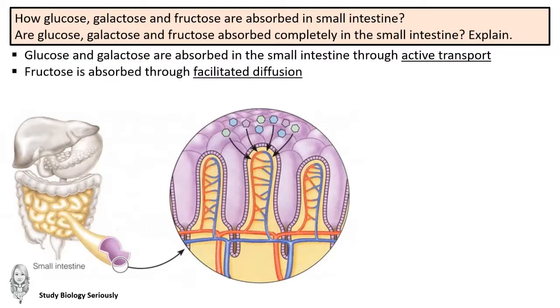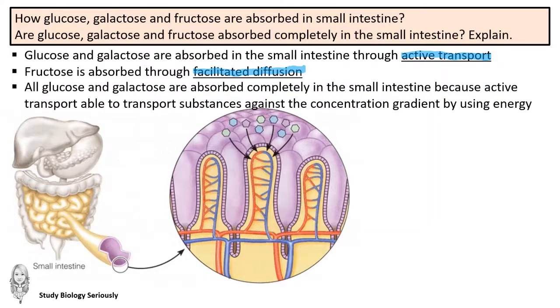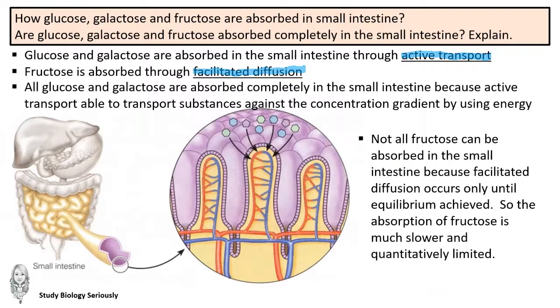Explain. Glucose and galactose are absorbed in small intestine through active transport, and fructose is absorbed through facilitated diffusion. All glucose and galactose are absorbed completely in the small intestine because active transport is able to transport substances against the concentration gradient by using energy.